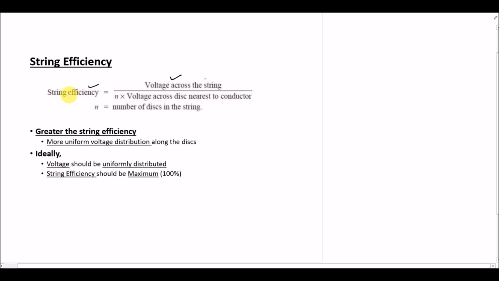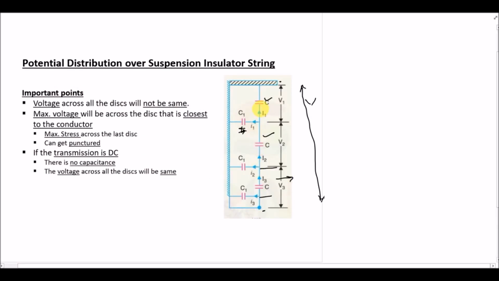Now if I have to define the string efficiency, it just defines the distribution of voltage across the string insulators, right? So if the string efficiency is larger, it means that the voltage distribution among all the discs will be equal or almost equal.